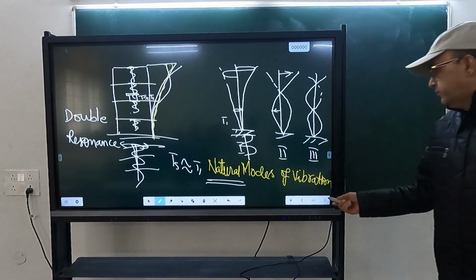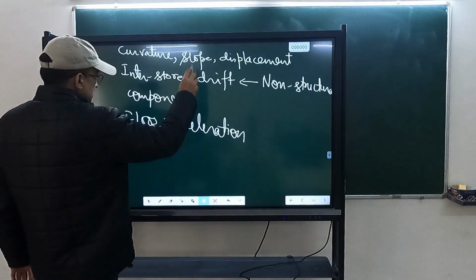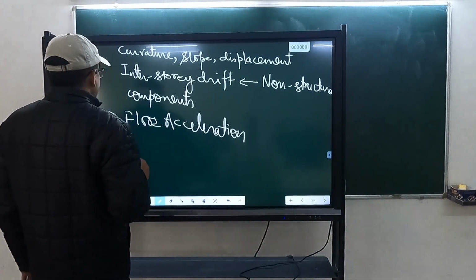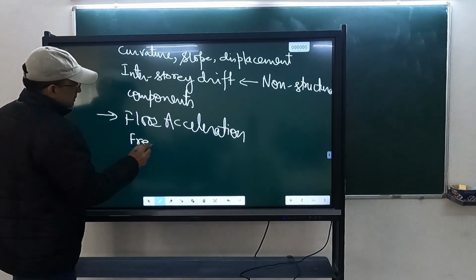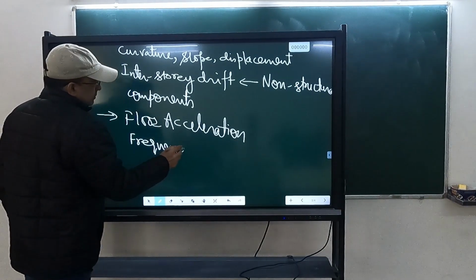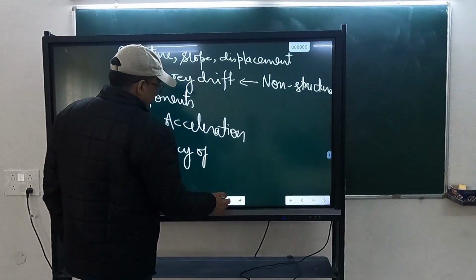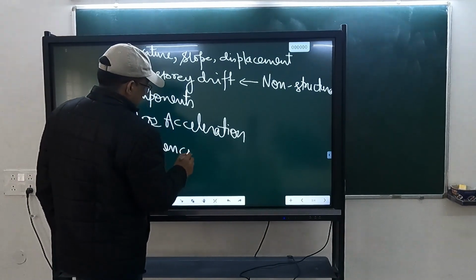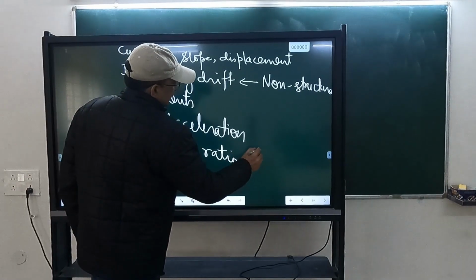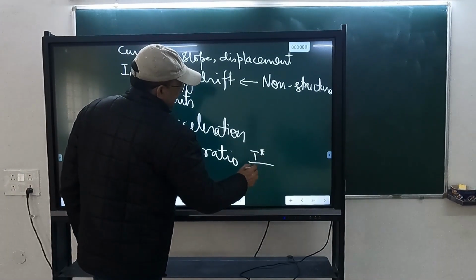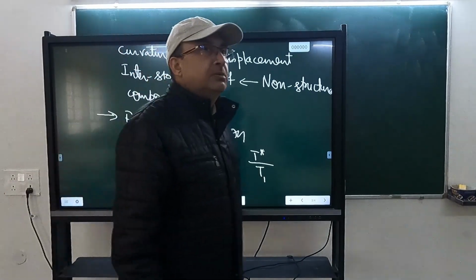So floor acceleration is also important, and when we are talking about floor acceleration, we have to consider the frequency ratio. For the secondary structure, let us say the period is T star, and the building period is T1.